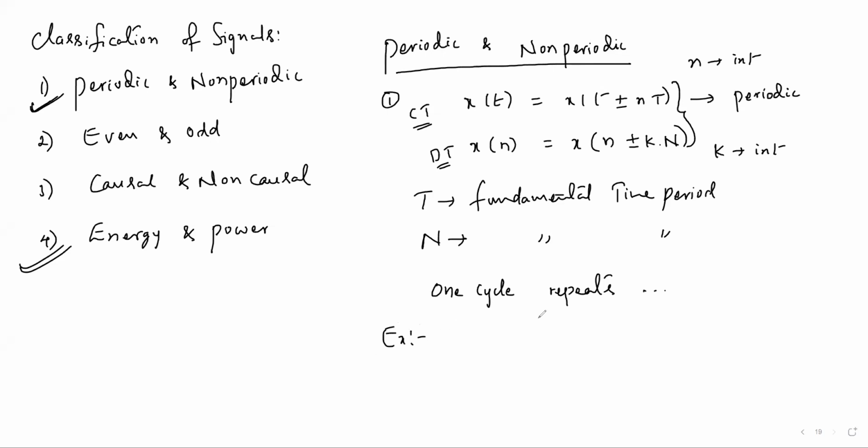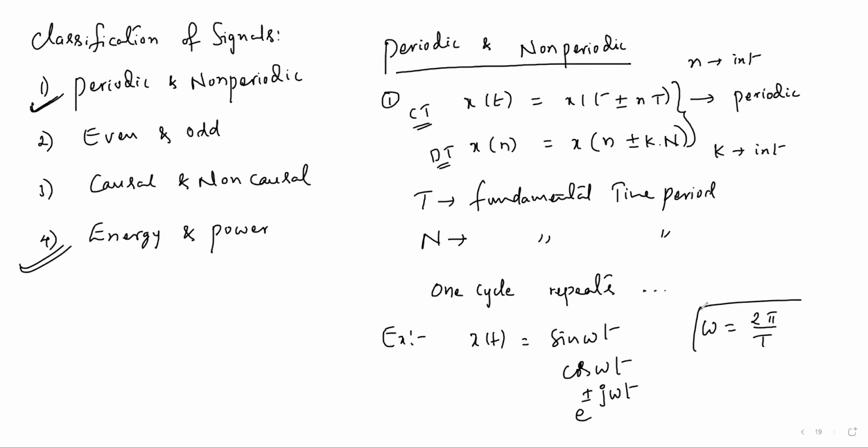Examples of periodic signals: x of t is sin omega t, cos omega t, and e to the power of plus or minus j omega t, which is a complex signal, also considered as periodic, because in all these signals omega is angular frequency given by 2 pi by T, where T is the fundamental time period of the signal.